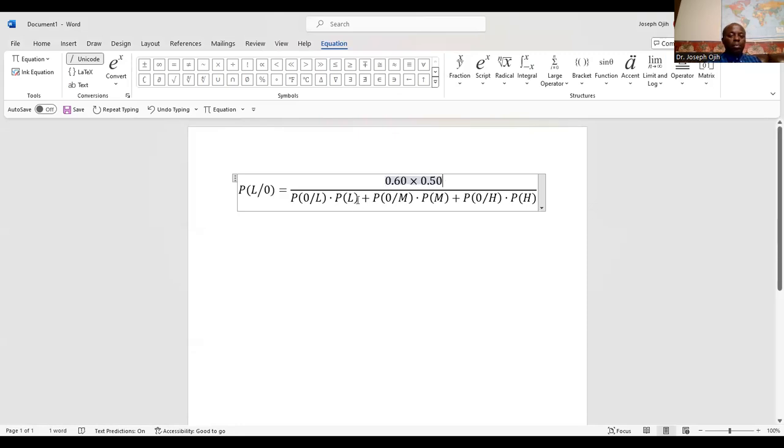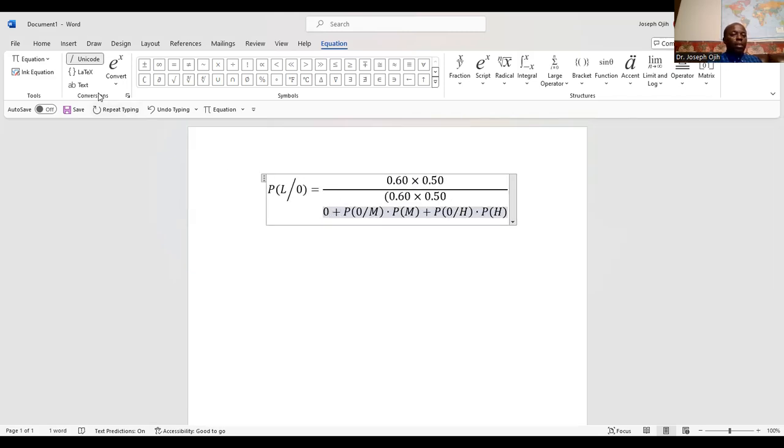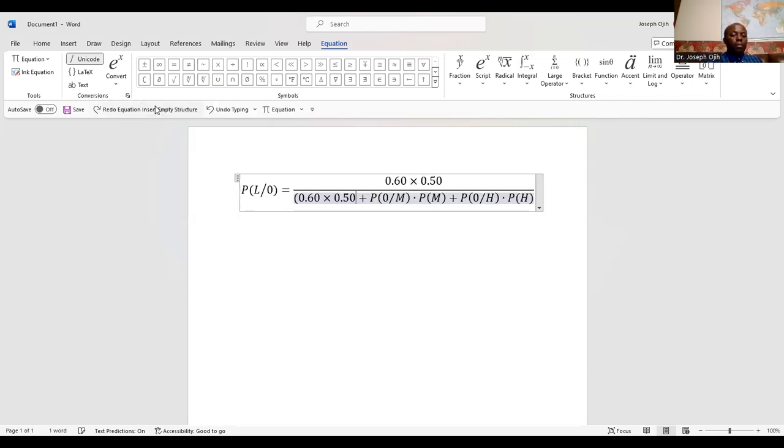Then repeat the process here. 0.60 times 0.50. Now, plus, let's get this next part.